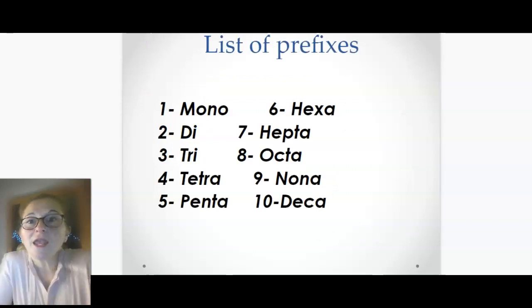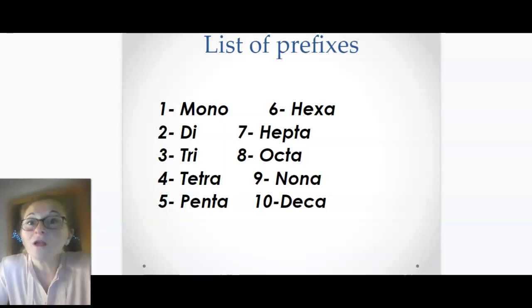All right. Naming covalent bonds is so much easier than those ionic bonds. Basically, we just take the number of atoms that are present and we add a prefix. So here are our prefixes, and a lot of these are prefixes that you already know. Like tri means 3 from triangle and tricycle.